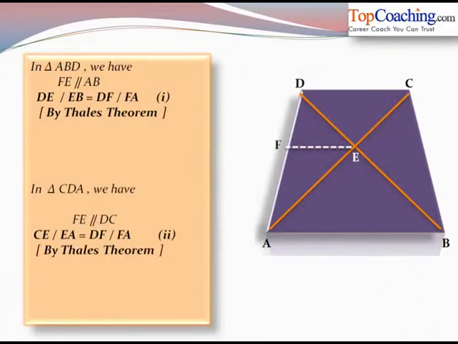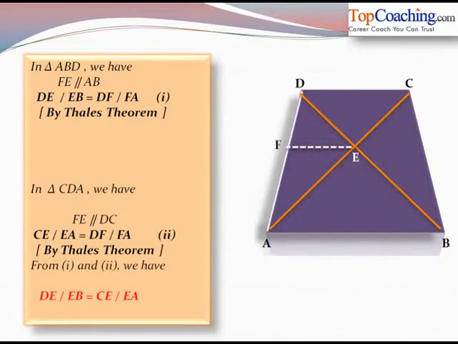Similarly, if we consider triangle CDA, this very triangle, then again we have FE parallel to DC. This line segment is parallel to this line segment. So again using the Thales theorem we get CE by EA equal to DF by FA. Let us say that this is equation number 2.